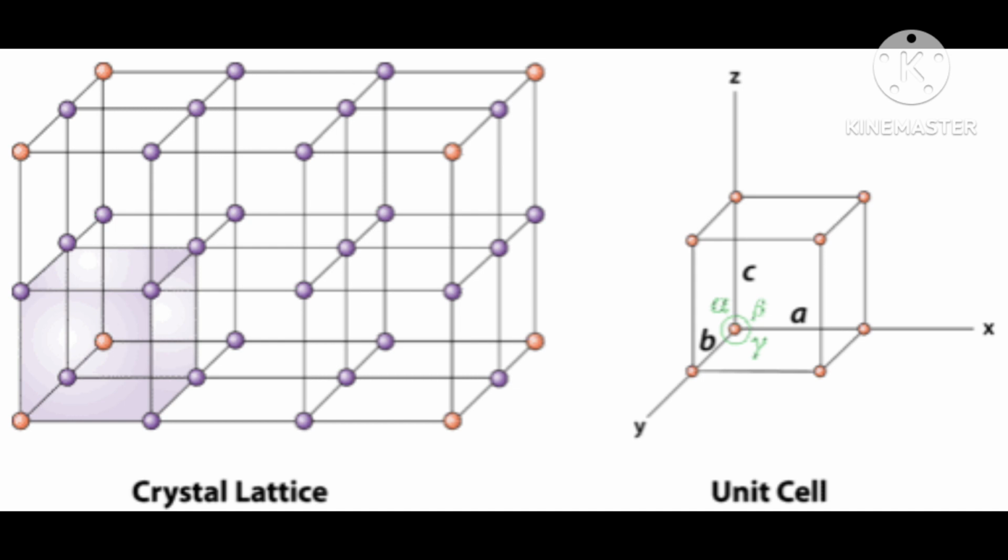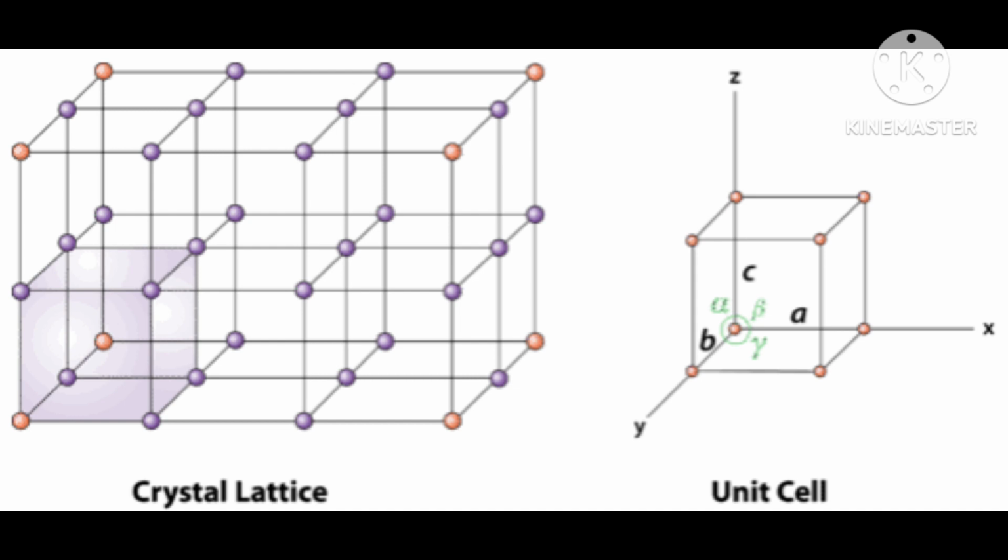Again I am telling you, when constituent particles, maybe atoms, molecules, or ions, are present only at the corner positions of a unit cell, it is called a primitive unit cell. For example, suppose you have taken a cube. Now imagine the cube is hollow, only a structure.